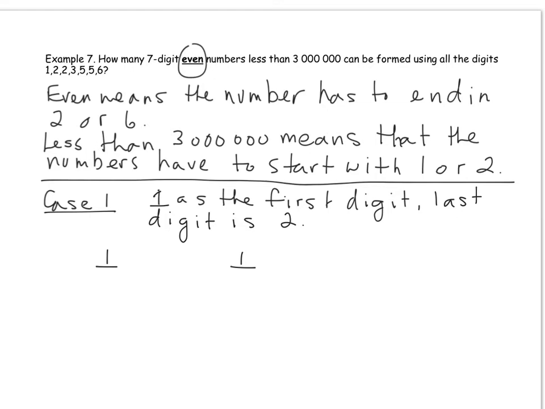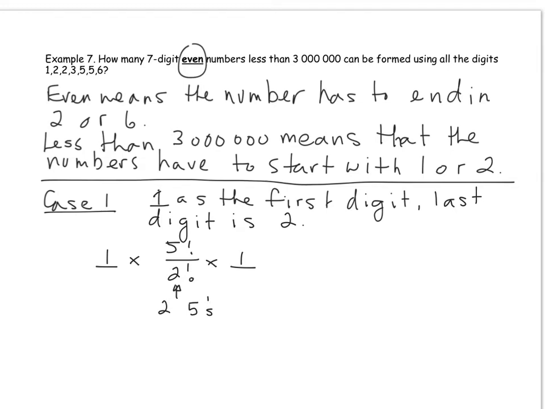But this is going to be multiplying again. And really what we have in the middle now is 5 numbers left over. So 5 factorial divided by whatever we have doubles of. In this case, the 2 factorial represents the 2 5s. Okay?